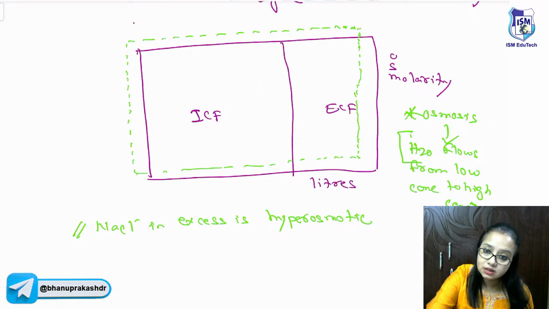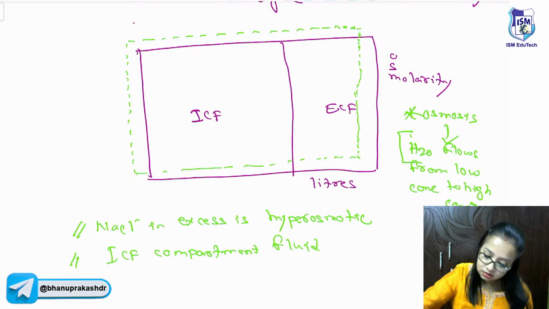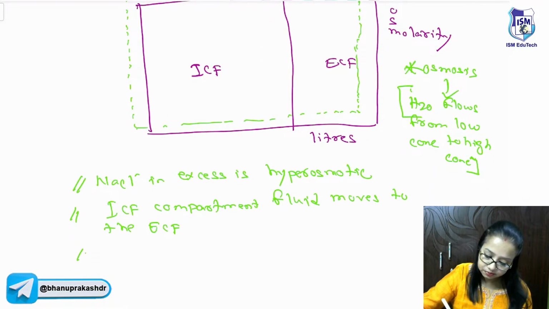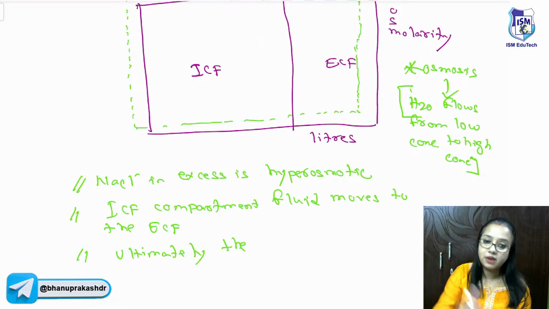Now, when the osmotic pressure increases, first there will be movement of water from the ICF compartment to the ECF. The ICF compartment fluid moves to the ECF. Ultimately, when the ICF moves to the ECF, again some fluid will move from the ECF back to the ICF.